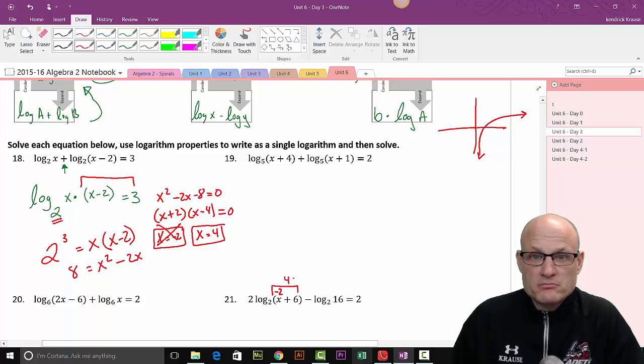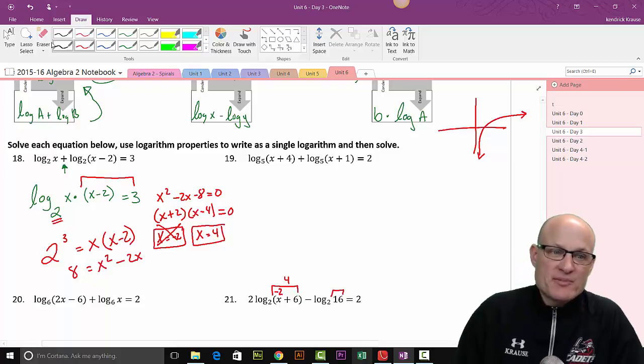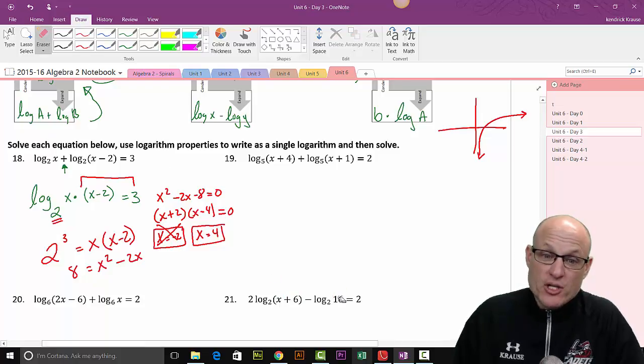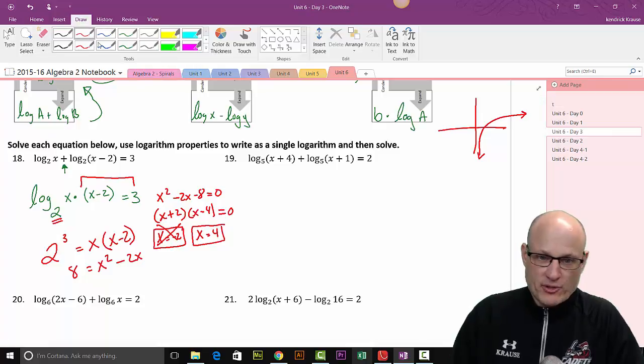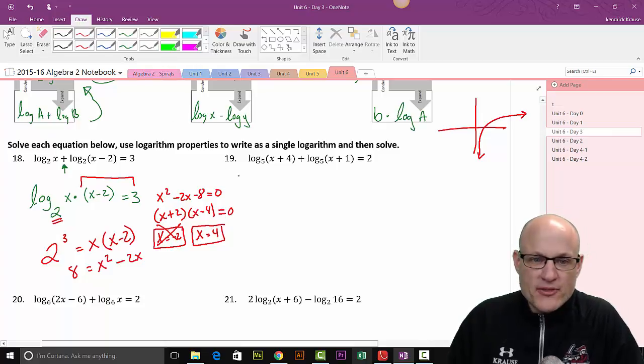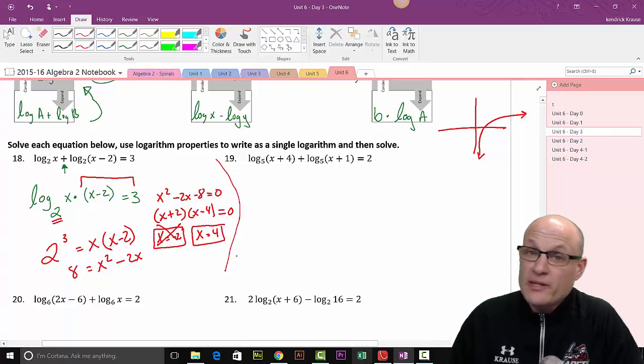It's not a problem. I can take the log of 4, and I wouldn't even have to worry about this one. So sometimes negative answers actually work. It's when you plug it in and end up having to take the log of a negative number that you run into problems. So you should be leery, but don't just think because it's negative you have to get rid of it.